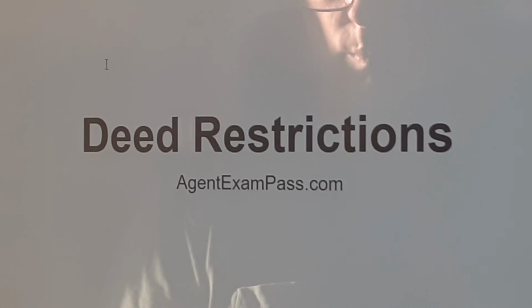Deed restrictions may present a real problem for home buyers who do not know they exist at the time of offer. It might be wise to notice that a neighborhood seems to be very uniform and therefore is likely to have CC&Rs or deed restrictions. Deed restrictions are limitations and requirements placed on the use of real property.